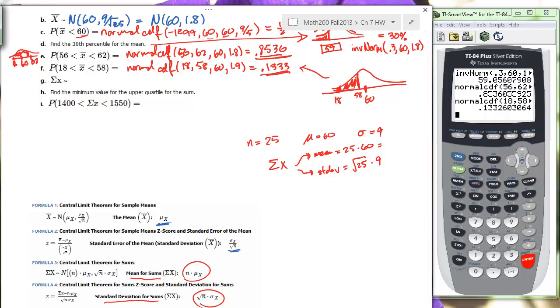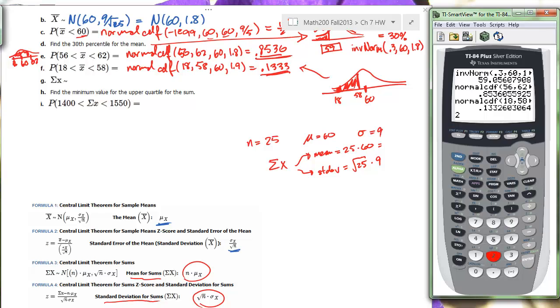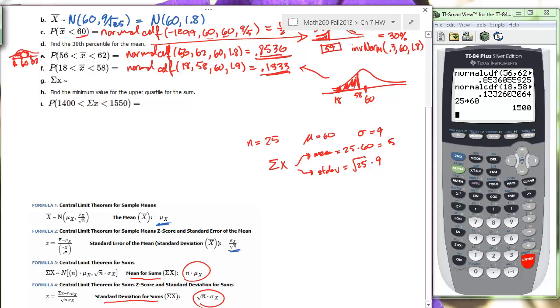So 25 times 60 is 1500, and this is 5 times 9, which is going to be 45. So we have our new mean and our new standard deviation. So the distribution will be described with a normal distribution, a mean of 1500, and a standard deviation of 45.